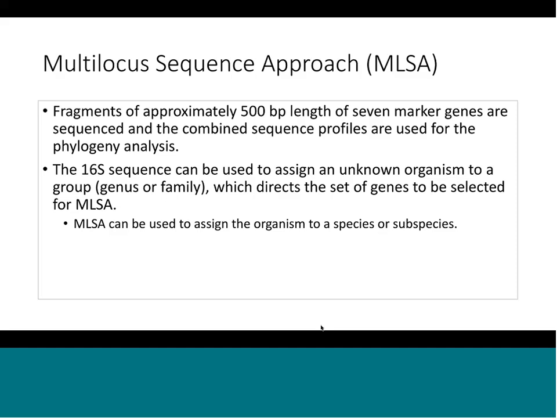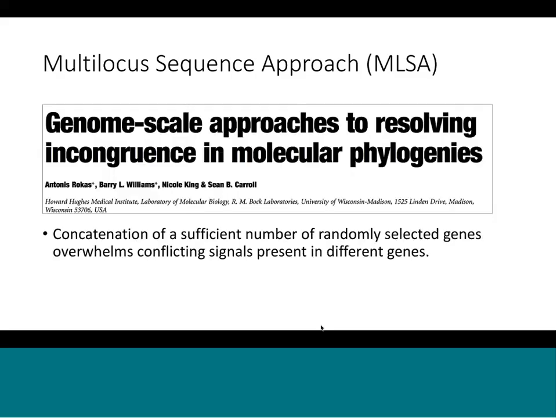We don't currently allow you to do that in PATRIC because we're doing the whole genome approach. But the MLSA is still widely used, and people are generally using it to identify organisms down to species or subspecies.